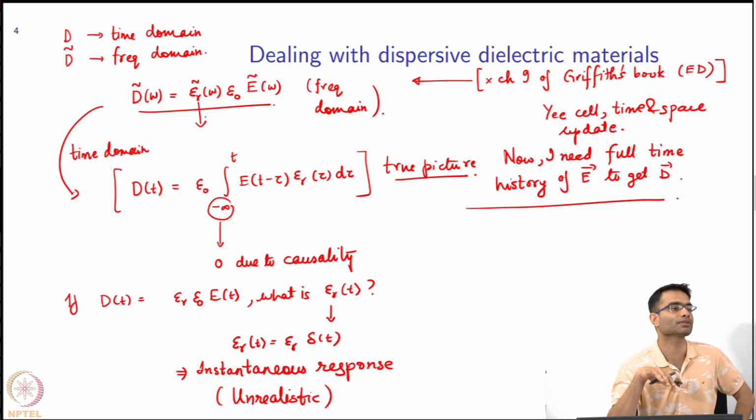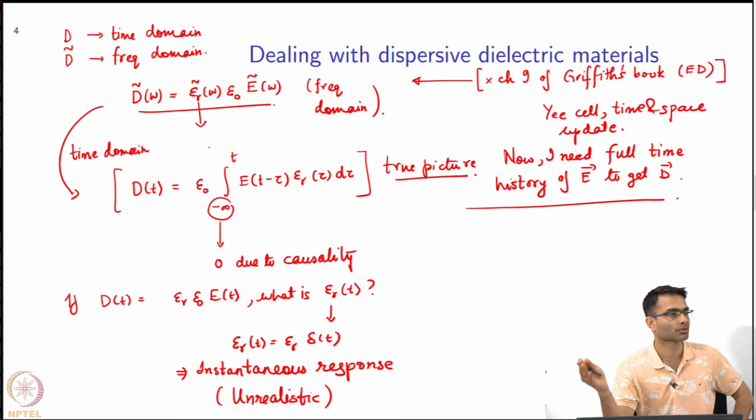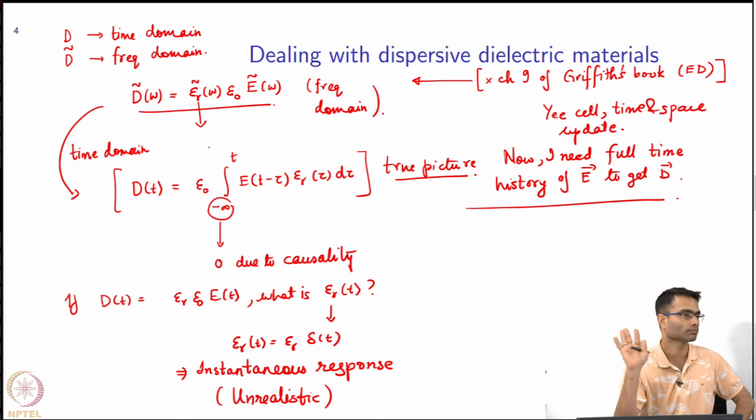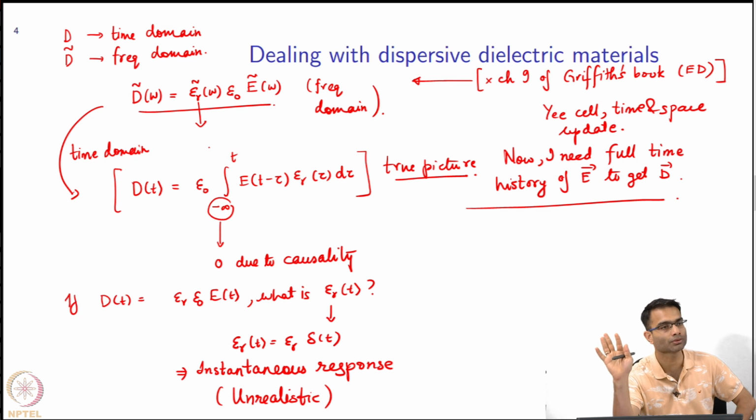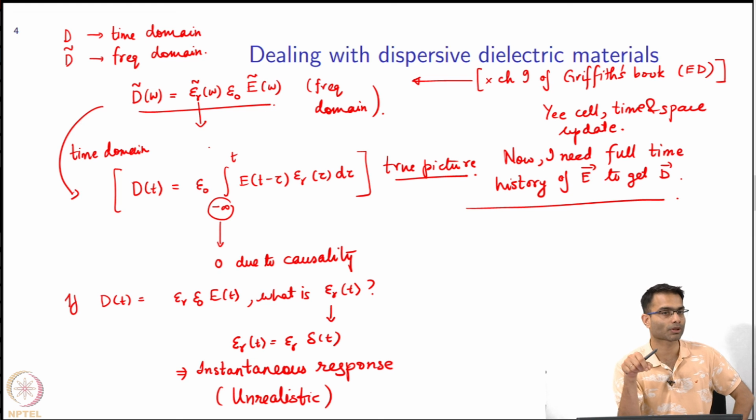So our objective is to model a dispersive material realistically, at the same time not have to store the entire field history. If we can achieve these, then I can apply FDTD to dispersive materials. The entire field of things like plasmonics, which critically depend on the frequency dependence of permittivity, needs us to be able to model this.